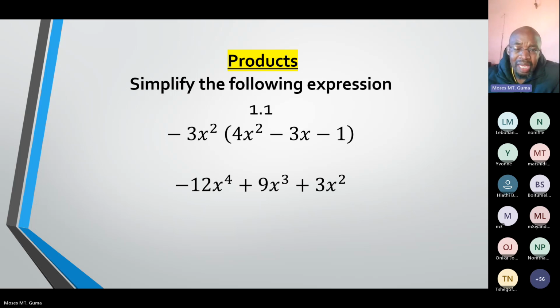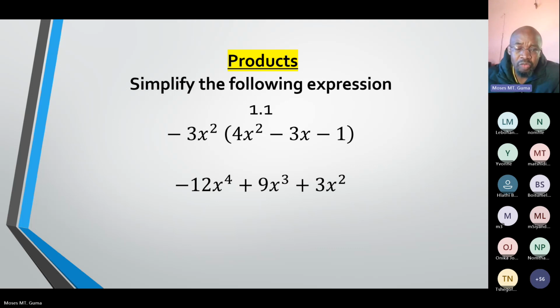When I am multiplying there, it's a 1 multiplied by a negative 3x squared. We know that any number multiplied by a 1, the product will be that number. That is why you see a 3x squared.